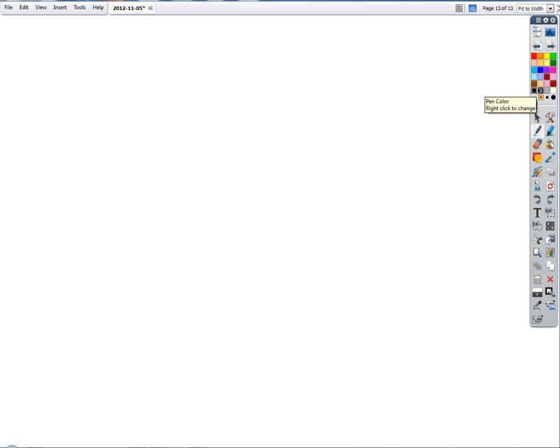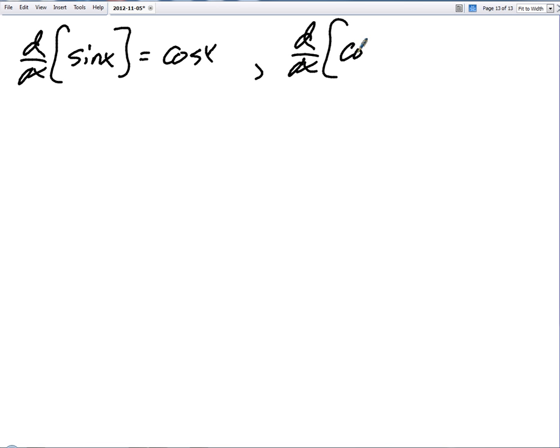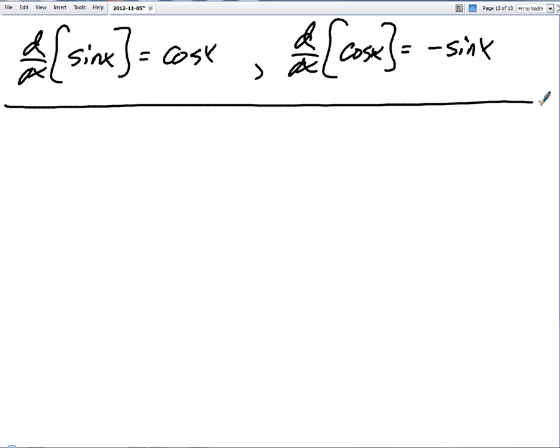But if we remind ourselves what those are, the derivative with respect to x of sine x, you've already told me many times, is cosine x, and the derivative with respect to x of cosine x is negative sine x. Okay, so how then could we do the derivative with respect to x of tangent x, do you think?